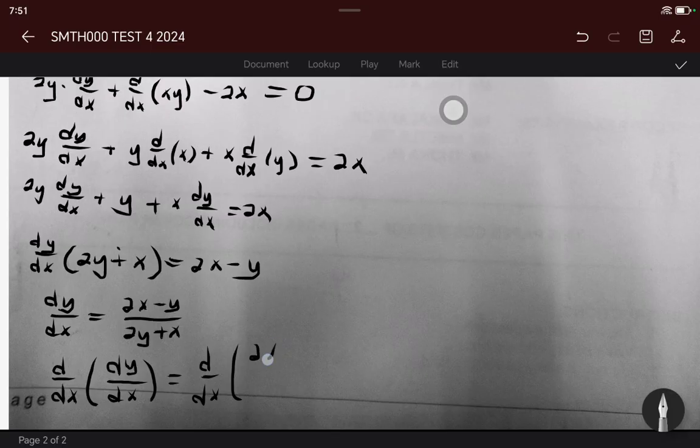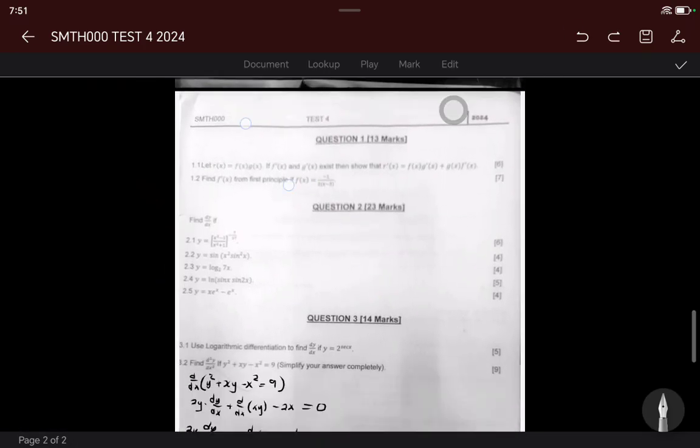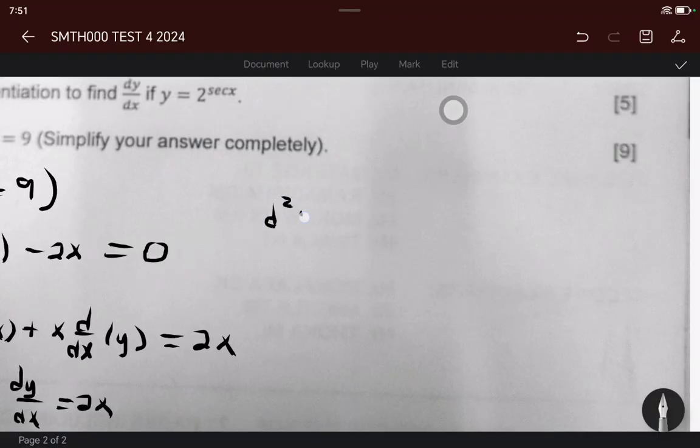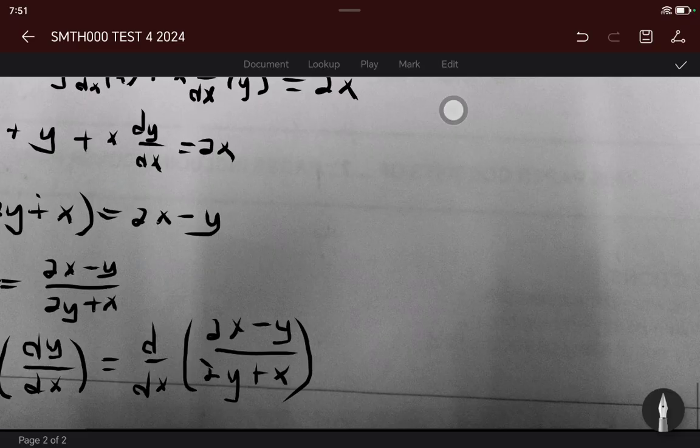So when I multiply here, I'm going to get d squared y over dx squared, which will be equal to, now remember this side, I'm deriving this with a quotient rule.